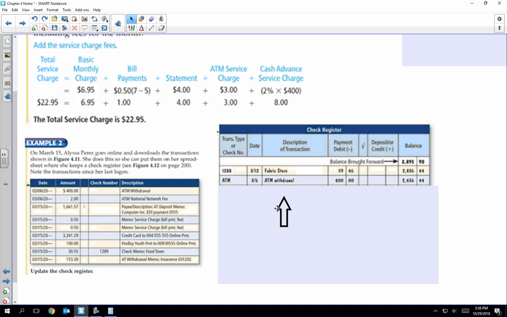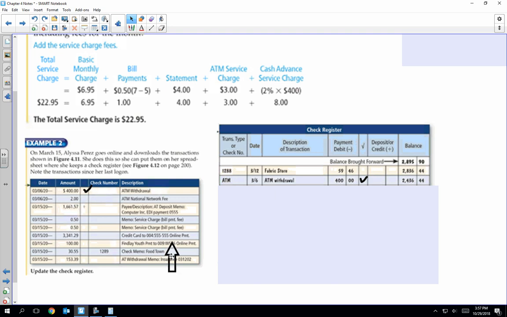If you look, that doesn't appear on her online bank statement, but this ATM withdrawal does appear on the bank statement. So we're going to take a little check mark. It's on our bank statement, so it's in our check register. So that matches. We take our balance, minus out the $400, so we get $2,436.44.